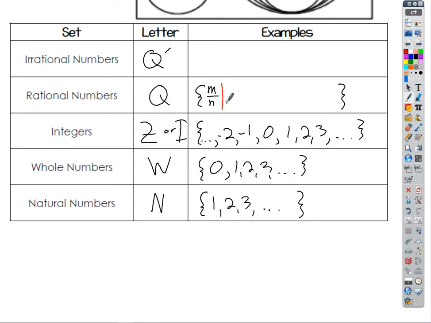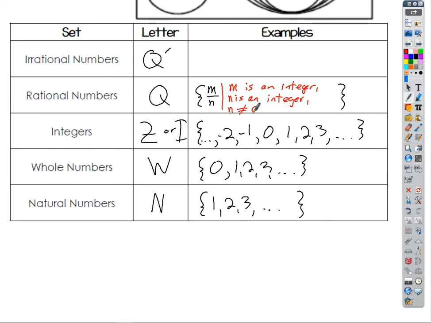That's that conditional bar. Such that M is an integer, N is an integer, and N is not equal to 0, right?